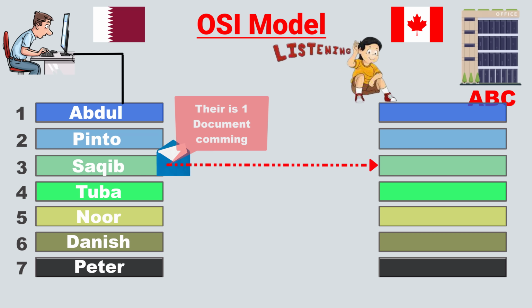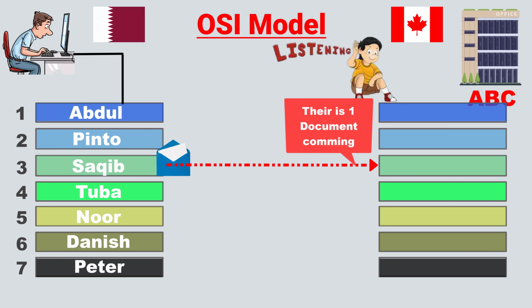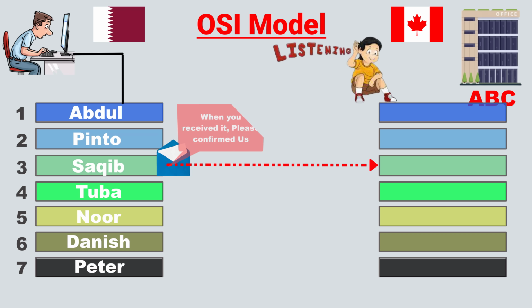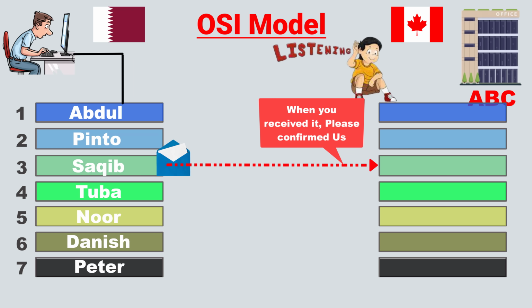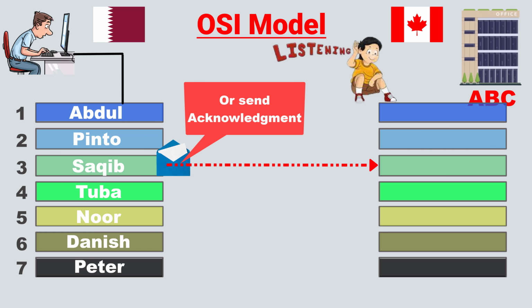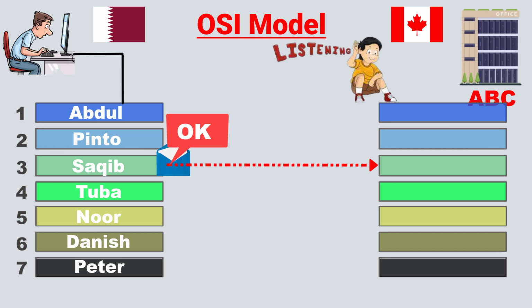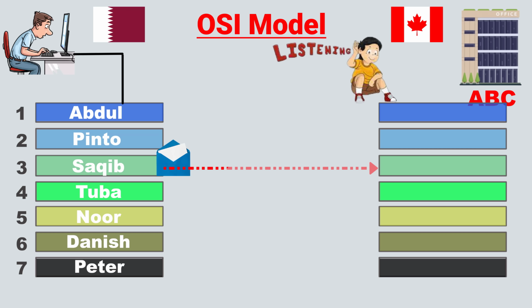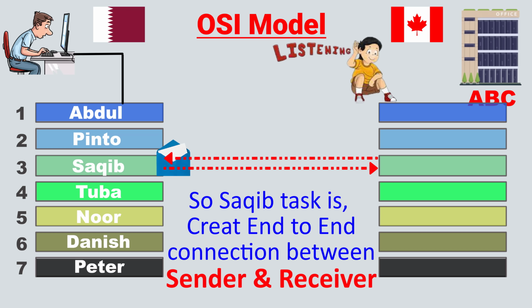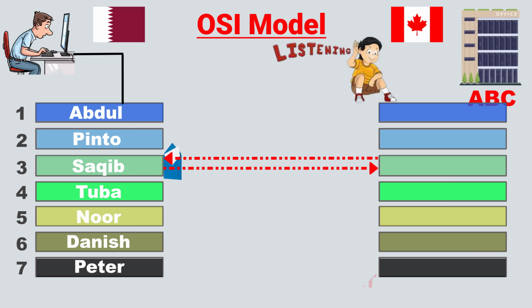Then Saqib informed them, there is one document coming to your company from us and when you receive it, please confirm or send an acknowledgement that you received our document. They said okay and they both agreed to establish a connection between sender and receiver until the data is received. So Saqib created an end-to-end connection between sender and receiver and then handed over these 400 pages to Tuba.